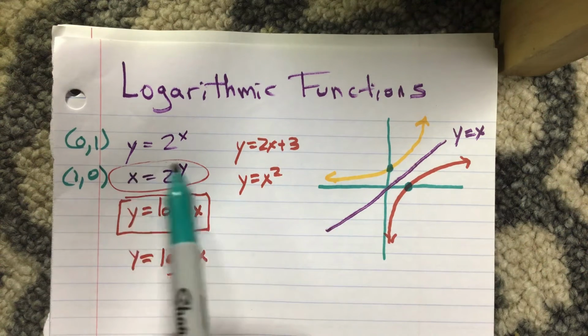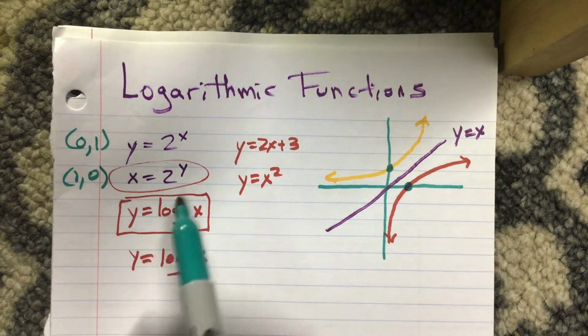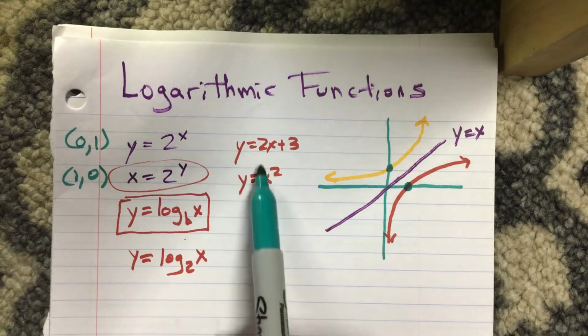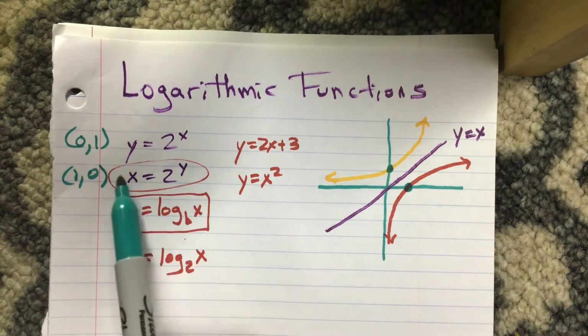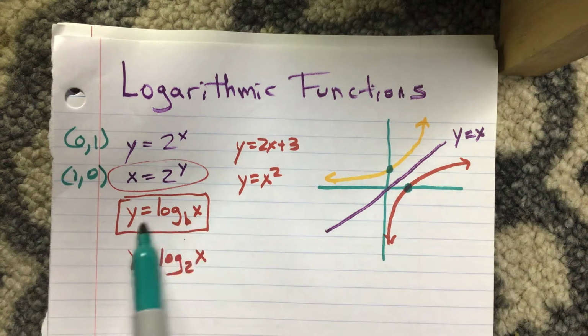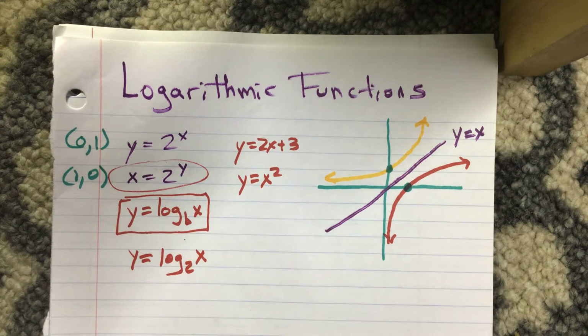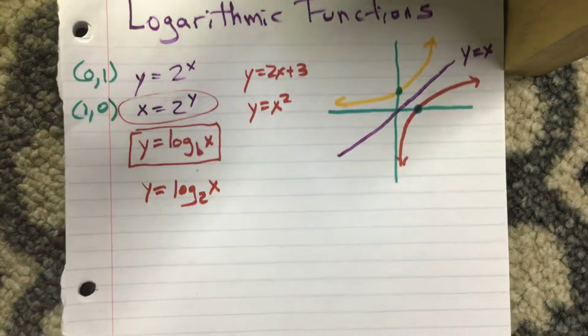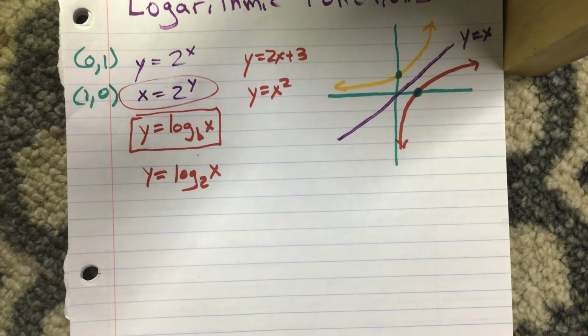This is what we're talking about when we talk about logarithmic functions, except every function we've ever seen has been in the form y equals. So in order to express this as y equals, we use this logarithm notation. Let me look at some examples of things written in logarithmic form.